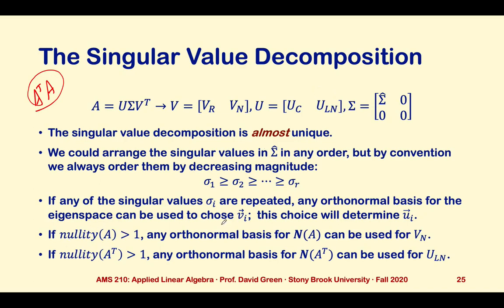If the null space has a dimension of more than 1, any orthonormal basis for that null space works as our set of vectors V_n. If the left null space has a dimension of more than 1, any orthonormal basis can be chosen for the corresponding entries.